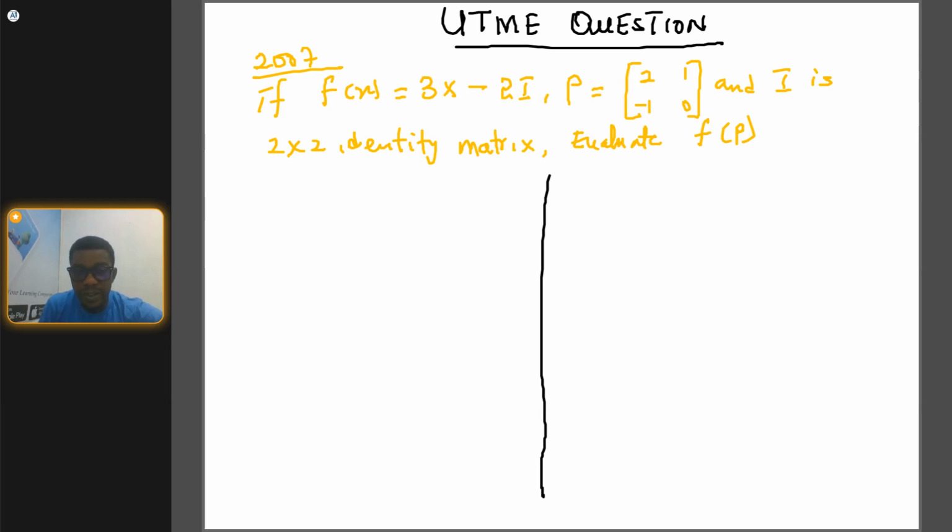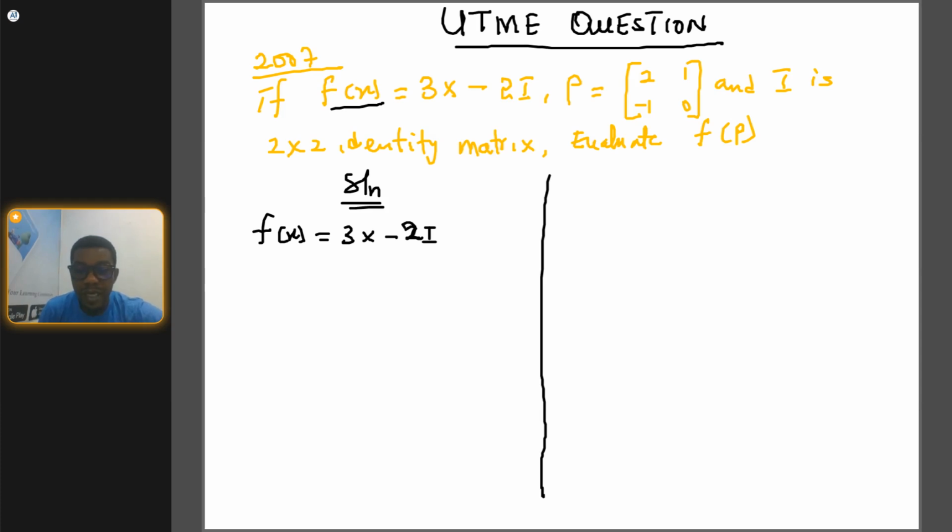We are given a matrix P to be this matrix, and we are asked to evaluate f of P. From the beginning of the question, we are given f of x to be 3x minus 2I, where letter I is an identity matrix.